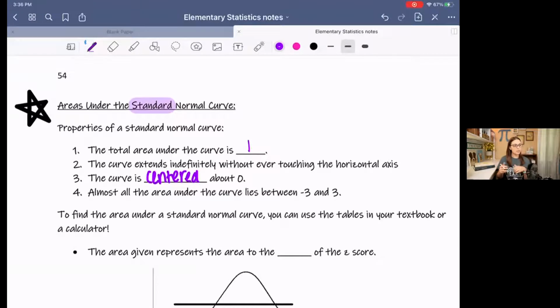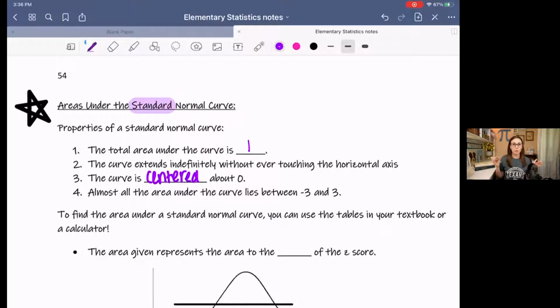So I talked about this in the last video: we're talking about z-scores. When we're talking about a standard normal curve, we're talking about a standardized variable, which means it's in z-scores. And for anything to have a z-score past 3 or past -3 would be considered extremely unusual. So that's typically why we are restricted to -3 and 3.